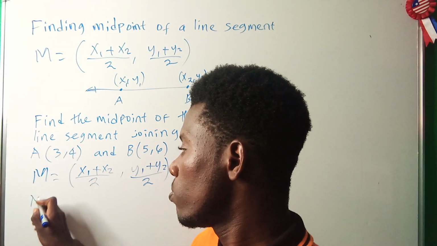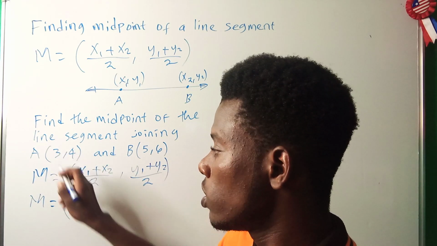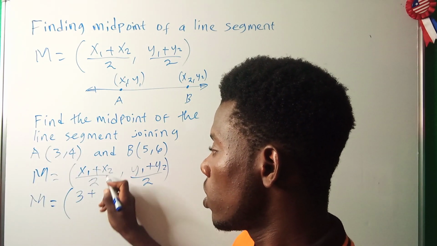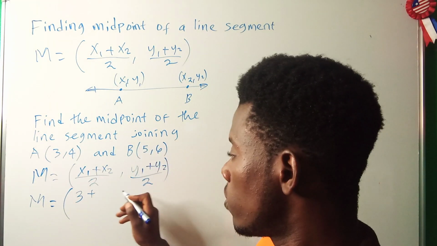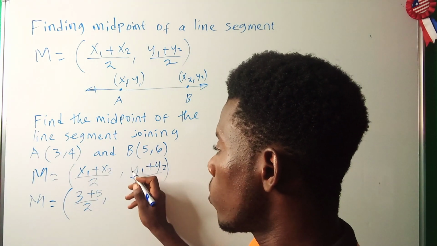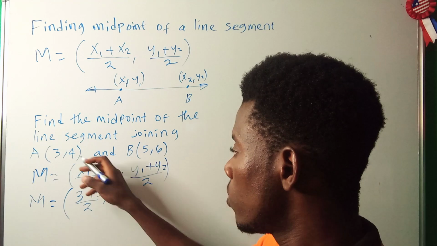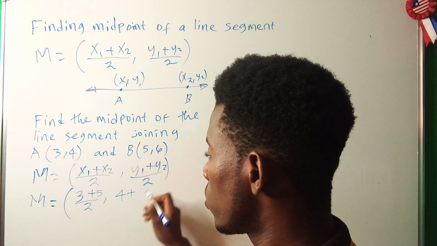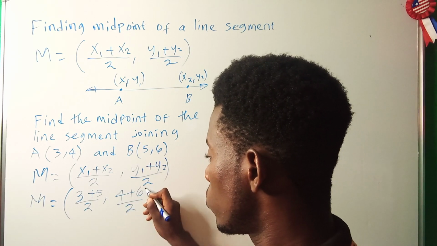So we have M is equal to x1, the first coordinate, 3, plus x2, the second point's first coordinate, 5, over 2, and y1 is the second coordinate of point A, which is 4, plus y2 is 6, all divided by 2.